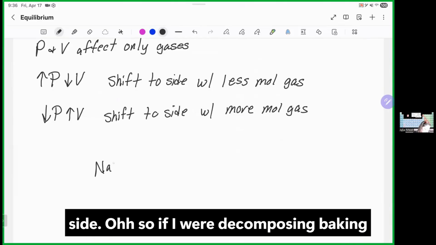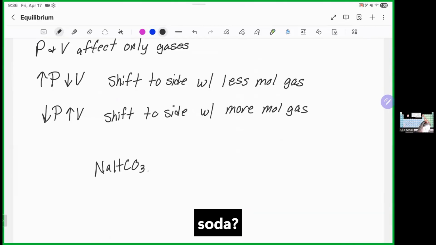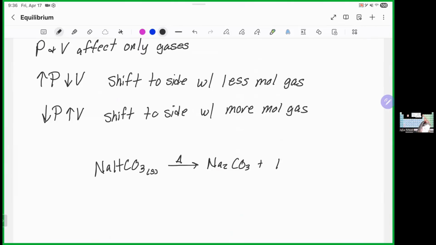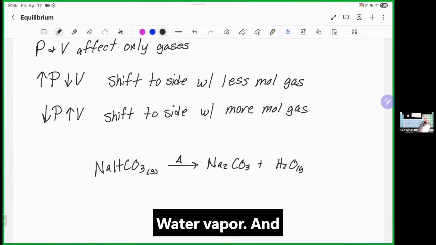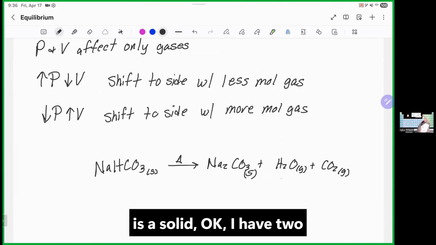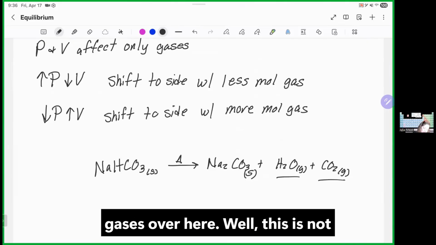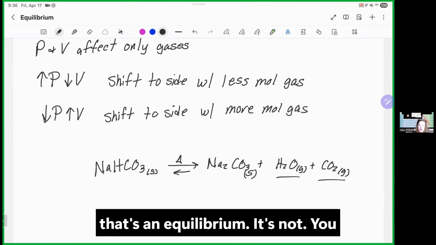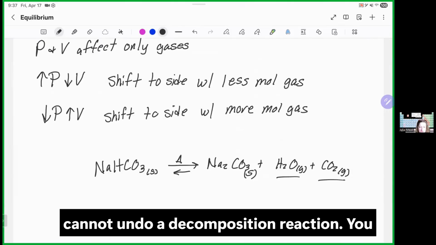Oh, so if I were decomposing baking soda, and that's going to make sodium carbonate, water vapor, and carbon dioxide, and this is a solid. I have two gases over here. Well, this is not really an equilibrium. So pretend that's an equilibrium. It's not. You cannot undo a decomposition reaction.